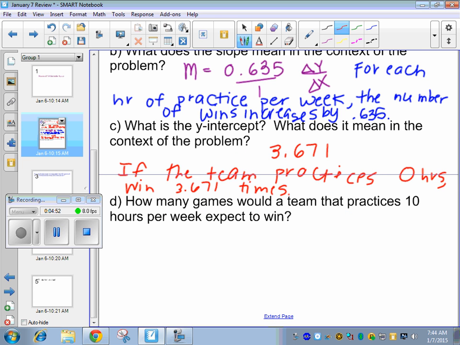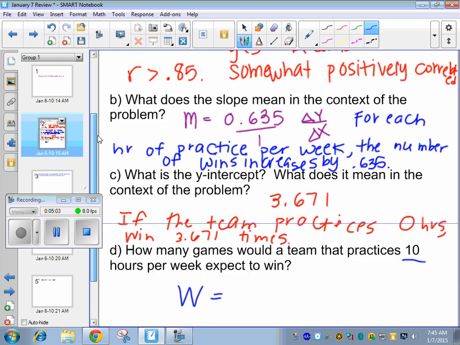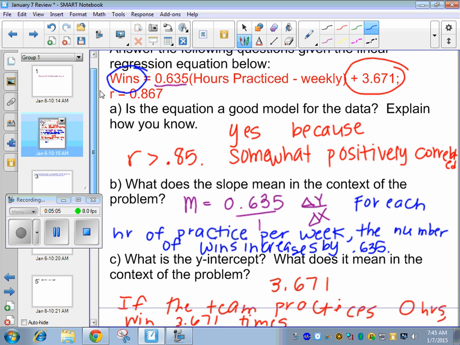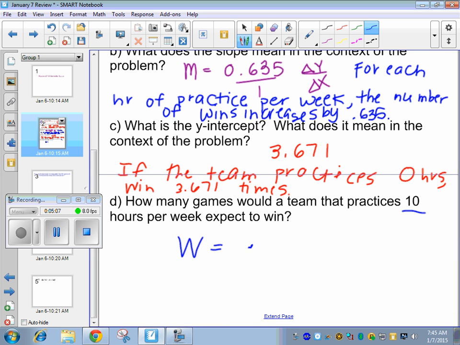All right, part D. How many games would a team that practices 10 hours per week expect to win? So if we practice for 10 hours, that means that W is equal to, and we're going to use our formula here, 0.635, and we're plugging in our hours.